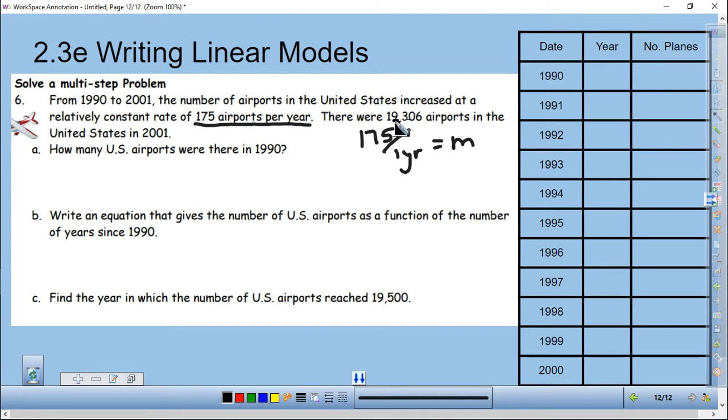I know that there were 19,306 airports in 2001. Well, let's see what year that actually was, mathematically speaking.